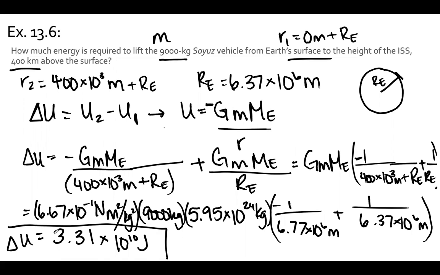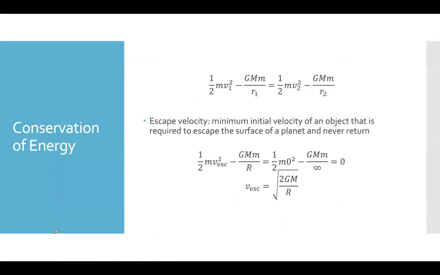All right, let's go ahead and move on to conservation of energy. Remember that conservation of energy states that our initial energy should equal our final energy, or the change in energy should equal 0. And remember that energy is equal to our kinetic energy plus our potential energy.